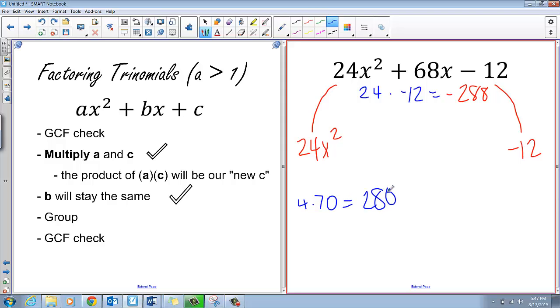Well, I know I can just add 2 more groups of 4 to get to 288. Okay, so it appears that I found something. Whoops, not 280, 288. I want to do 288. 4 times 72 equals 288.